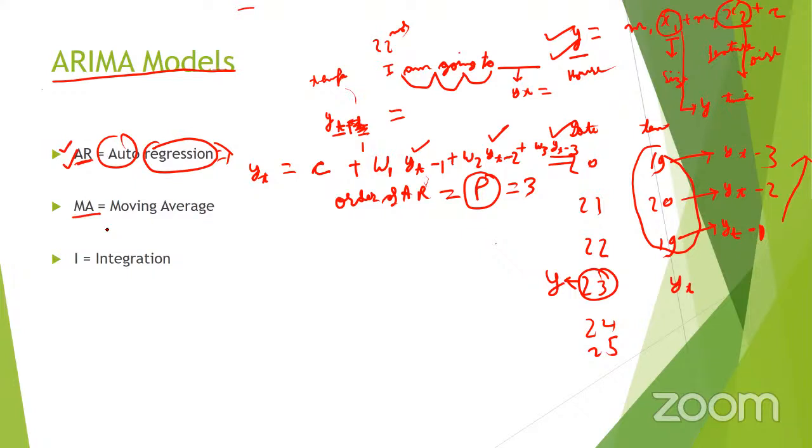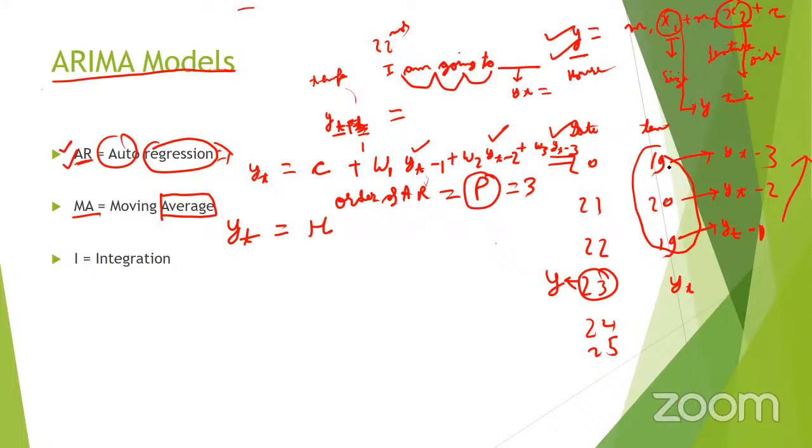Next comes MA, moving average. So here an average is in the picture. What my moving average says is that my value of y at a particular time step t will be equal to the mean of the complete data.